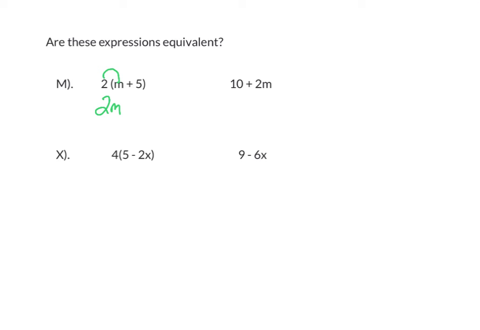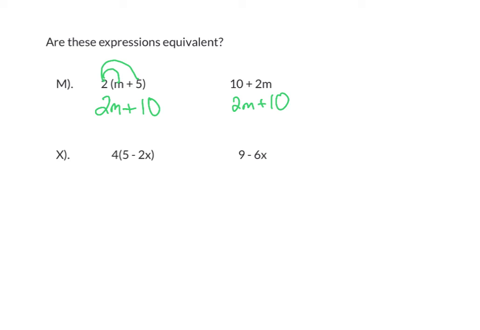So 2 times m is 2m, and 2 times 5 is 10. So I have 2m plus 10. And that is the same thing as saying 10 plus 2m. It's technically backwards, but we know, in addition, we can reverse that order.